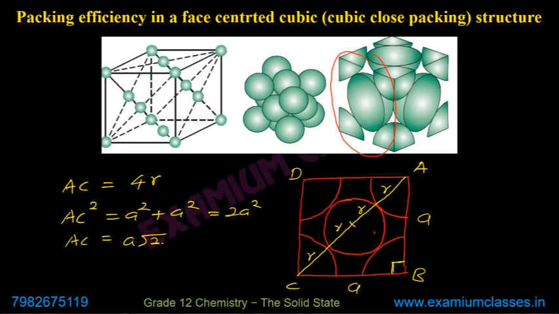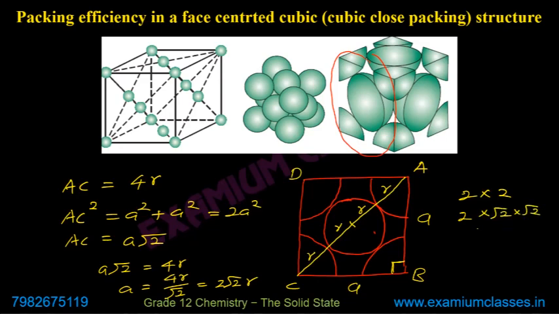Equate these two. A root 2 equals 4R. A equals 4R by root 2, which means 2 root 2 R. 4 you can write as 2 into 2, and 2 you can write as root 2 into root 2, divided by root 2. Root 2 got cancelled.